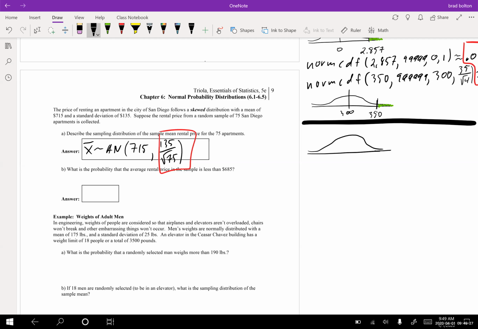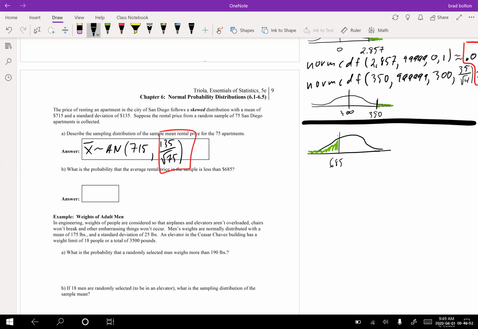That's what the central limit theorem is promising us, okay? Because the sample size is 75. Even though the distribution is not normal, we can still work with it like it is, okay? So mean rental price for 75 apartments is less than 685. So I don't know where that's at, but let's say 685 right there, and we want less than.